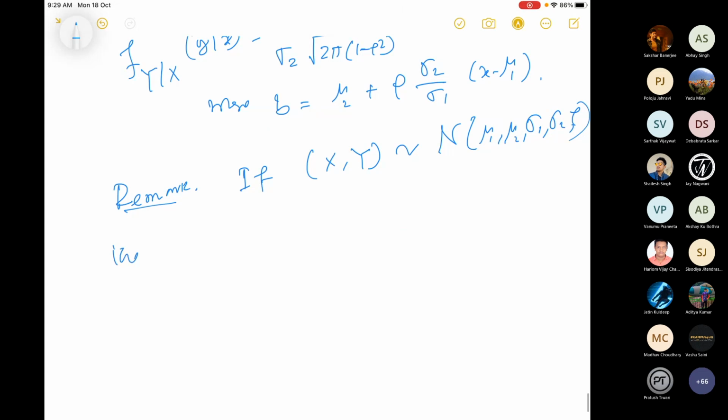Then the expectation of the conditional mean, Y given X, is mu 2 plus rho sigma 2 by sigma 1 times (x minus mu 1). Hopefully you can remember this expression.